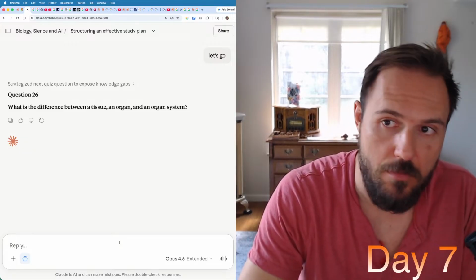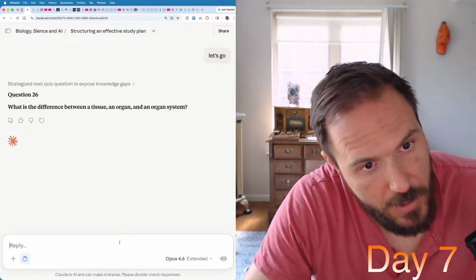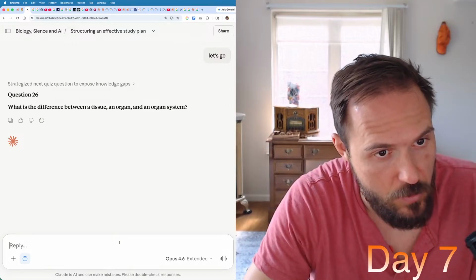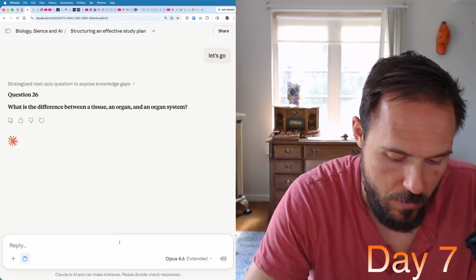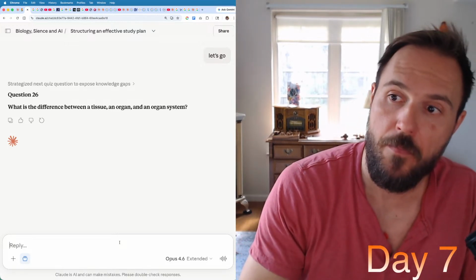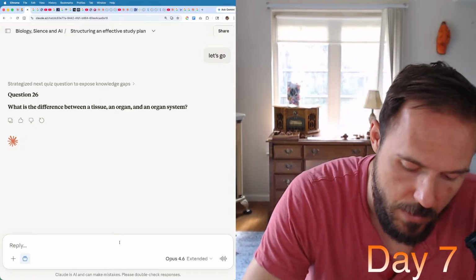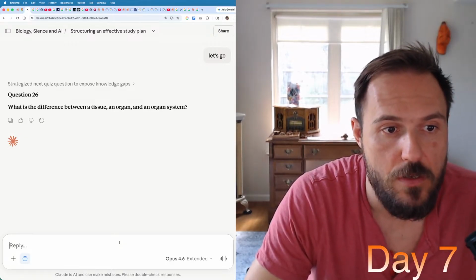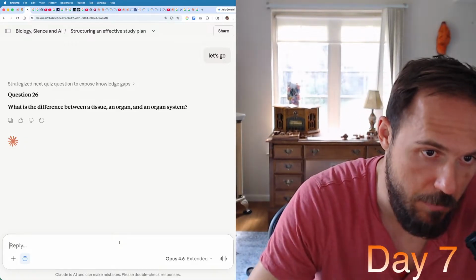Brain tissue, muscle tissue, skin tissue. The organ is cells arranged into a functional unit that performs certain functions, like a chemical factory, like the liver we just discussed, or the heart. So it might even have different cell types within the same organ.